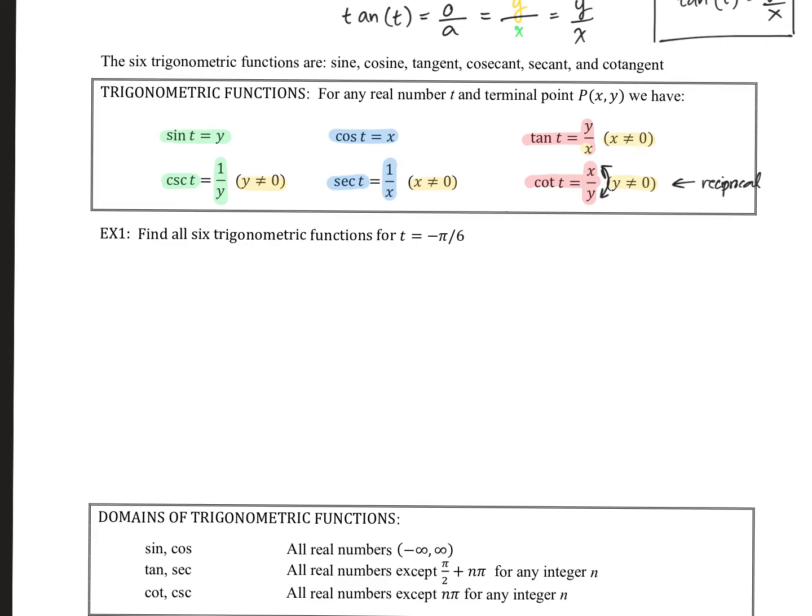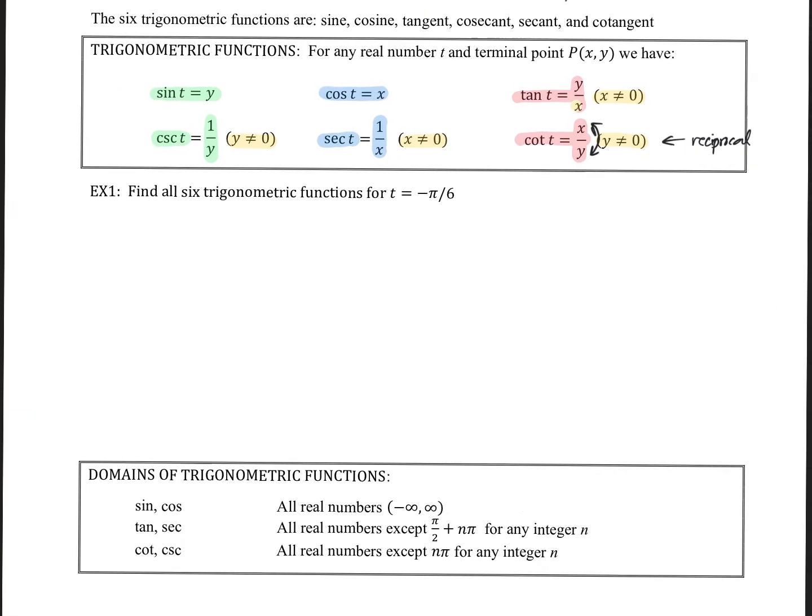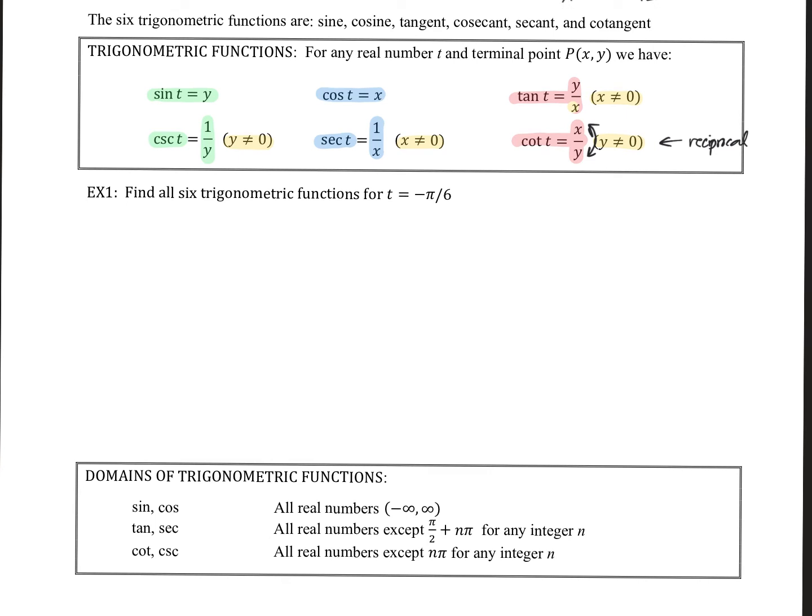All right. Now, what are we going to do? Well, we're going to find all 6 trigonometric functions for t equals negative pi over 6. What does that mean? Well, here are our 6 trig functions, and we're going to find those values. So I'll start with sine and go along the way.